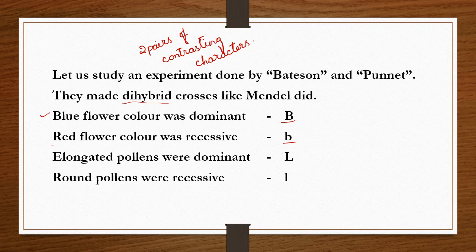And pollen size: elongated pollen grains are dominant, round pollen grains are recessive, small l and capital L. So dominant is elongated pollen grains, recessive is round pollen grains. These are the characters considered to carry out the dihybrid crosses like Mendel.